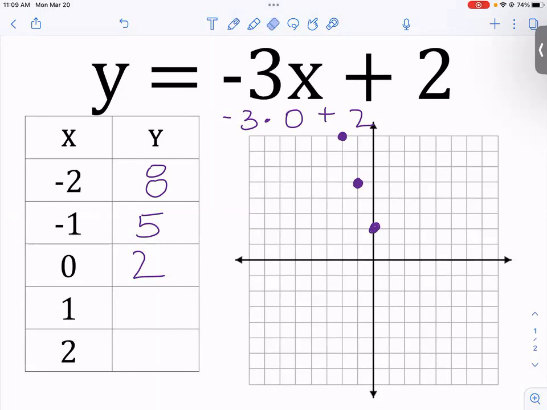Now, let's go to x is 1. Okay. 1 replaces x. So put your sticky note on the x. And this becomes negative 3 times, I see a 1 there instead of an x.